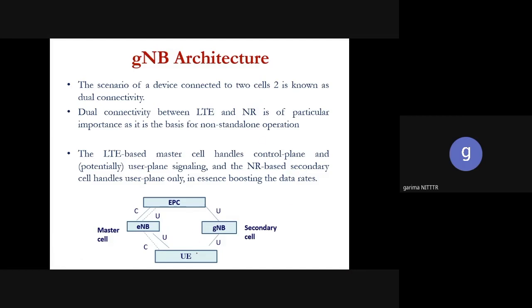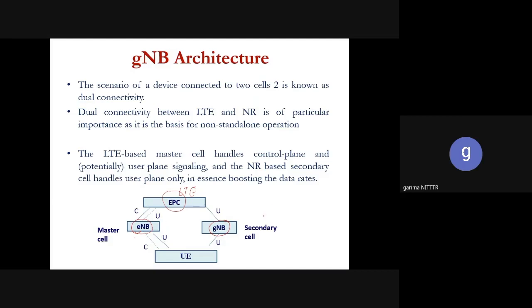So as seen here, when 4G is considered as part of the non-standalone architecture, we have an EPC. EPC is basically the 4G standard core network, which is connected to the 4G base station. It is also connected to the 5G base station.